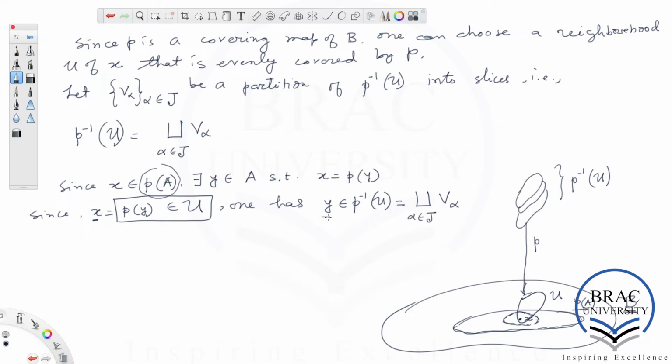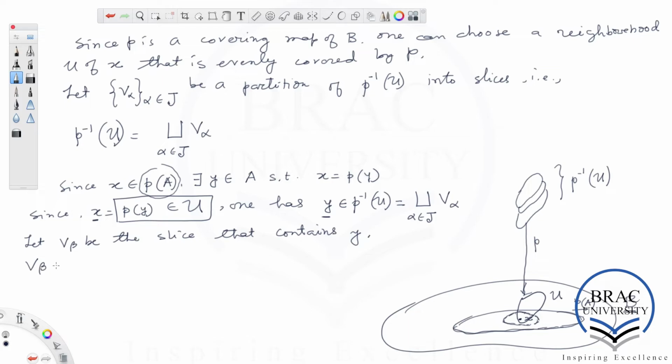Which means that Y belongs to one of the V alphas in this disjoint union. Let us take that V alpha to be V beta. Let V beta be the slice that contains Y.